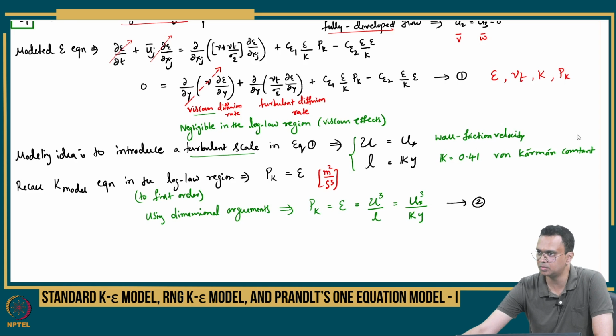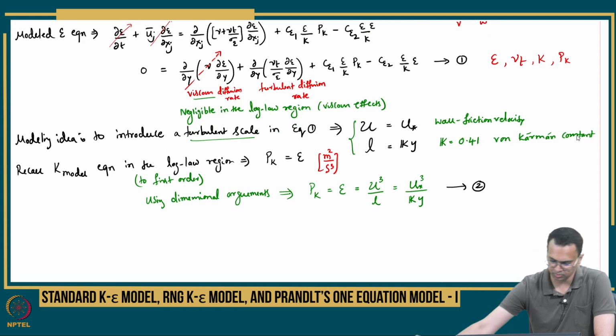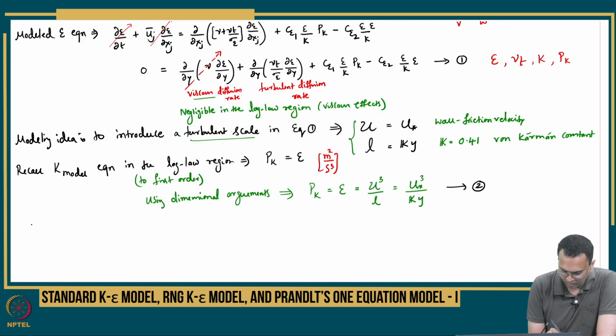Eddy viscosity and turbulence kinetic energy I need to introduce. So eddy viscosity, we already have the formula, right? Eddy viscosity nu t is c mu k square by epsilon.